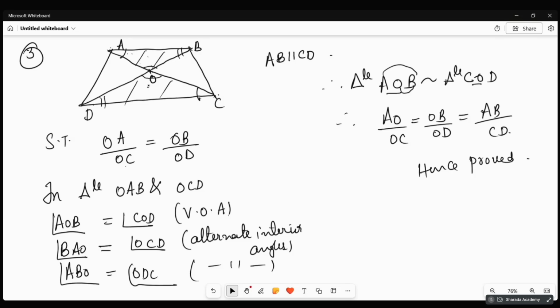Now in these two triangles, I will try to prove they are similar so that I can say the corresponding sides are proportional. Now these two angles are vertically opposite angles, they are equal. So I have written that. Angle A is equal to angle C because they are alternate interior angles.